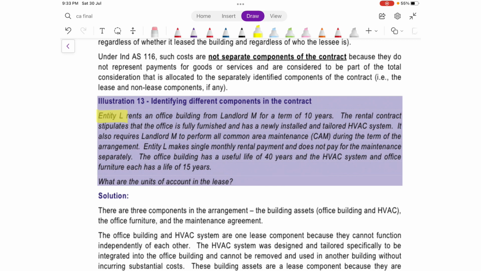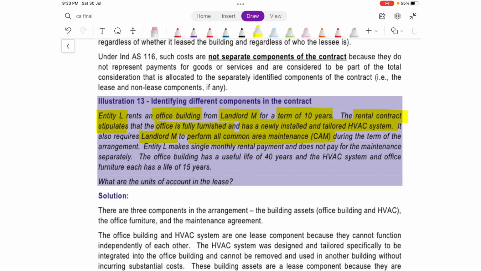Here they are saying that there is entity L. It rents an office building from landlord M for 10 years. The rental contract stipulates that the office is fully furnished and has a newly installed and tailored HVAC system. It also requires the landlord to perform all common area maintenance. So here the maintenance activity is taken by whom?